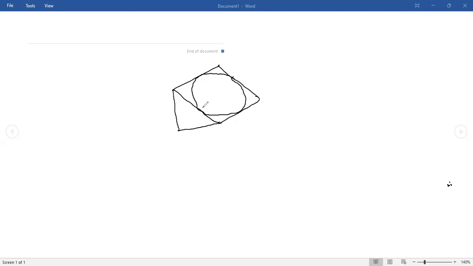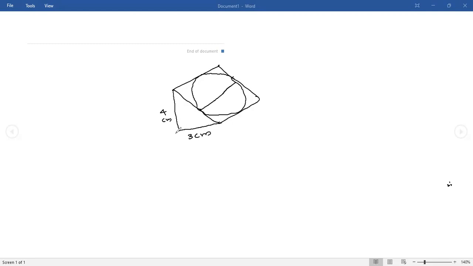On this side there is 4 centimeter in length, and this side is 3 centimeter in length. This is a triangle.